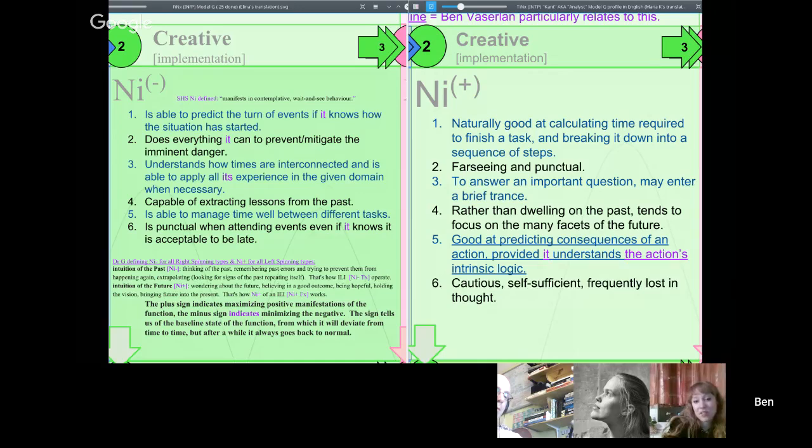You only need to foresee, and you really don't have to do anything concrete, like the second point suggests. For me, the second point in NI minus sounds more like something you will do in reality. Yeah, that right there, foreseeing and punctual, is straight out of the definition rather than the type. So again, it's deductive reasoning: this type has NI plus, I define NI plus like this, therefore it is foreseeing and punctual.